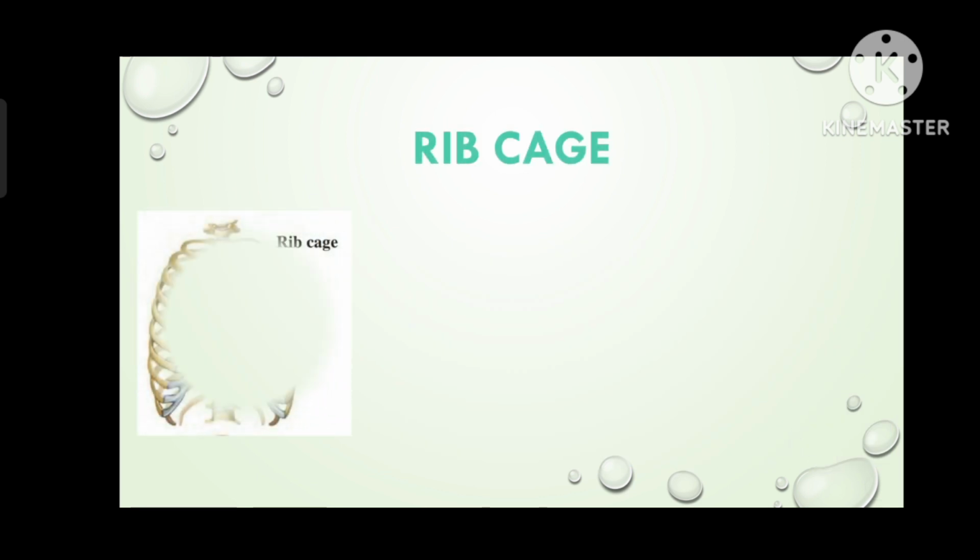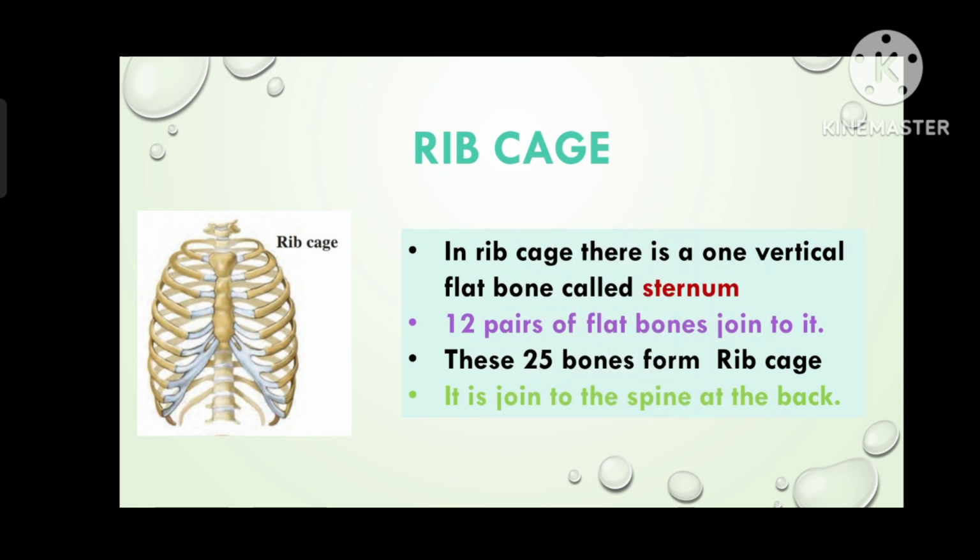Rib cage. In the rib cage there is one vertical flat bone called the sternum. 12 pairs of flat bones join to it. These 25 bones form the rib cage. It is joined to the spine at the back.